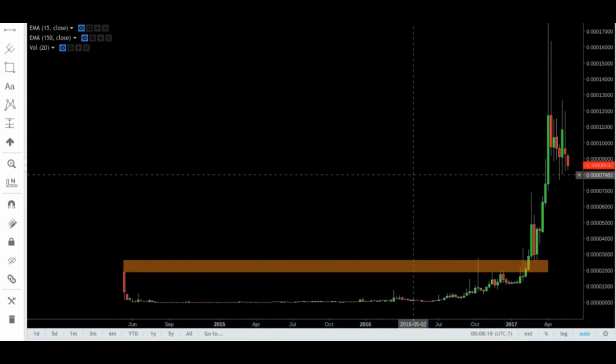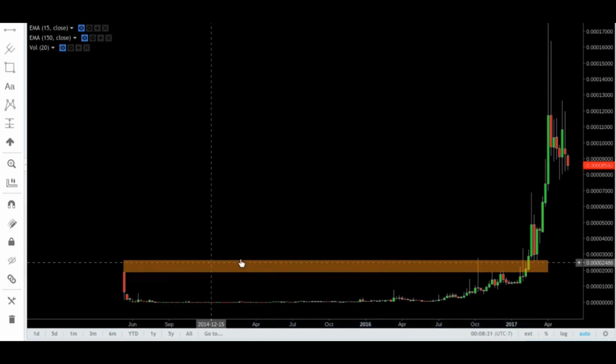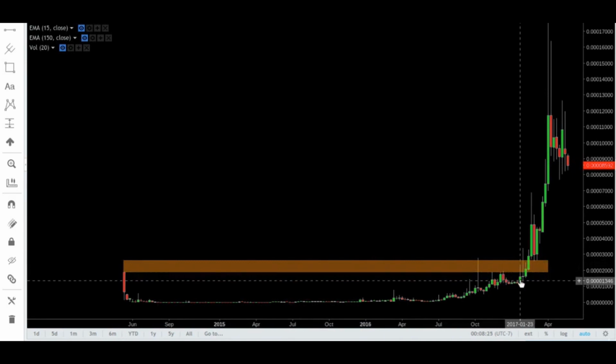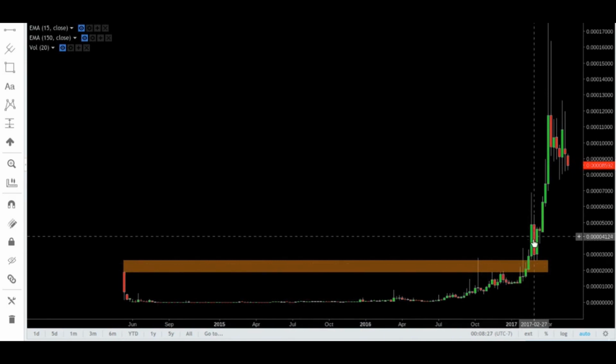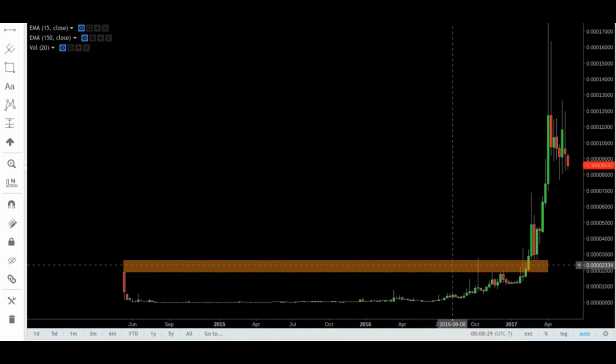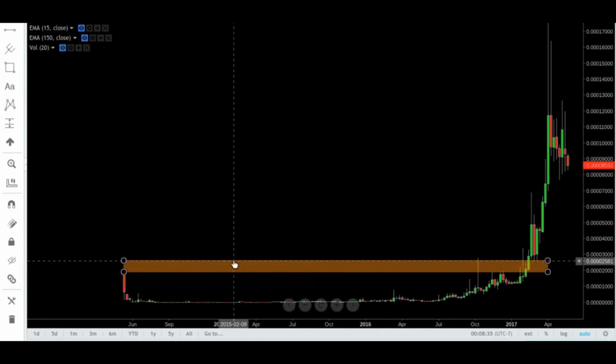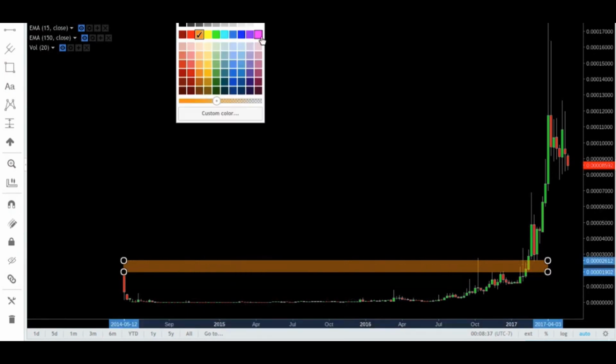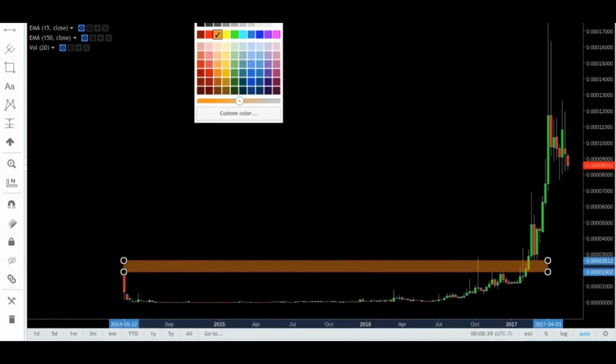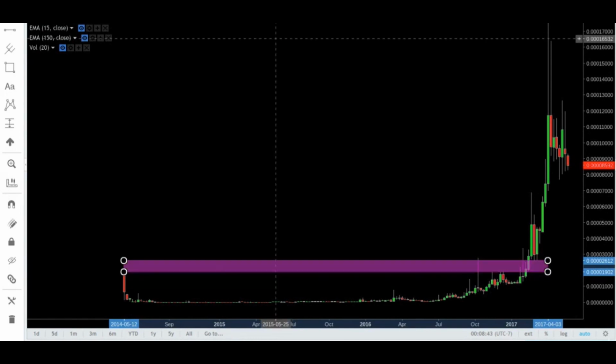That seems to be a zone that was previously resistance, resistance, resistance, poked right through, and then became support. So let's also remember to color coordinate. For my weekly, it will change color. There we go. Perfect.